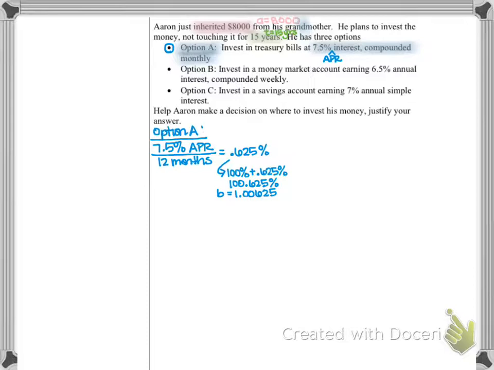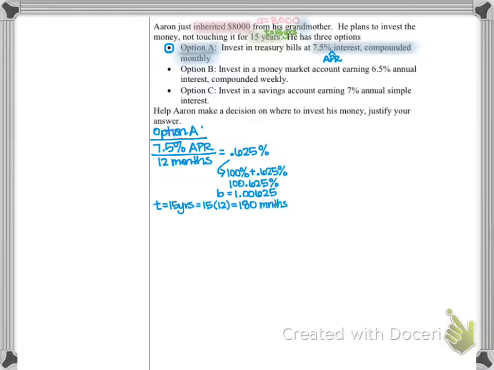All right, let's see, monthly. Let's see if our time frame that's given to us in this question is 15 years. Okay, we know that there's 12 months per year. We've got to make sure that everything is jiving with the time frame. So this is 180 months.